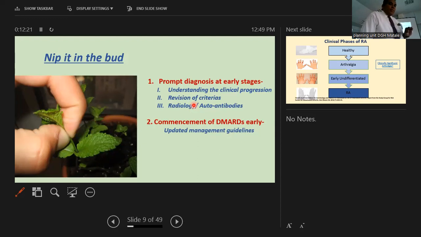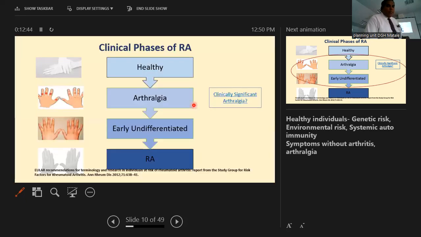The second thing which has led to this situation is commencement of DMARDs, or disease modifying drugs, early in the disease process. From time to time, these guidelines are getting updated, which I will talk about briefly later on during the presentation.